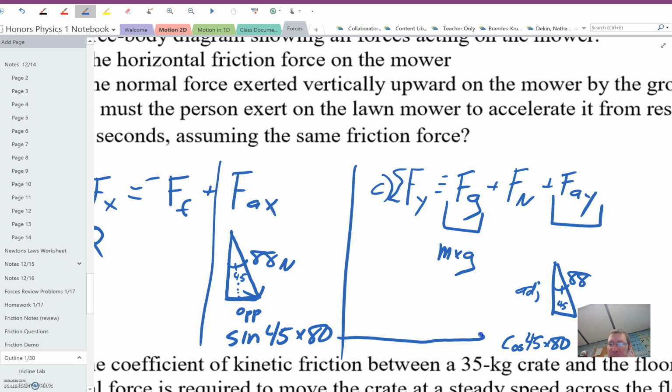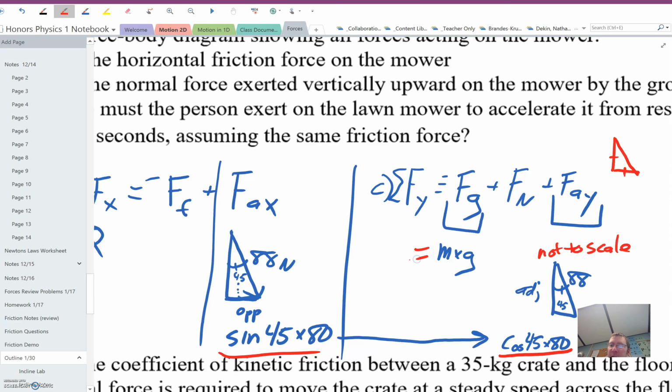For those of you math people, you know that if it's 45, 45, 90, I did not draw that correctly. It should be something more like this, because both of these sides are going to be the same length. So whatever you got here should be the same value here, and that's going to be how much force you're pushing down with the lawnmower.